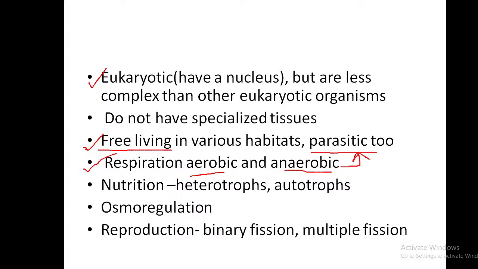Parasitic organisms will be anaerobic. So respiration may be aerobic or anaerobic. The aerobic type of respiration is shown by free living organisms, and the anaerobic type of respiration is shown by parasitic forms.